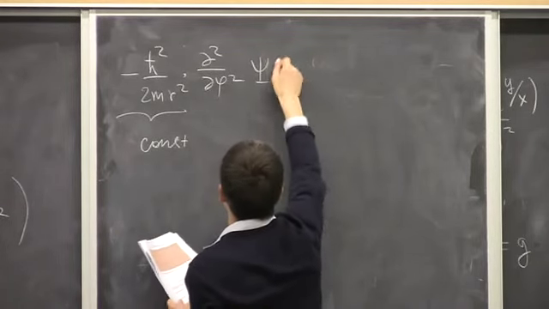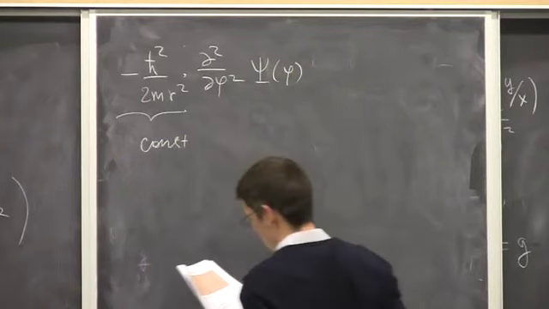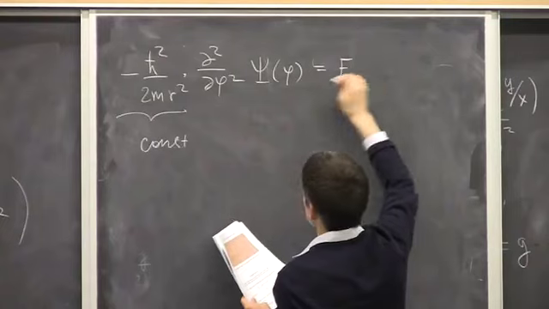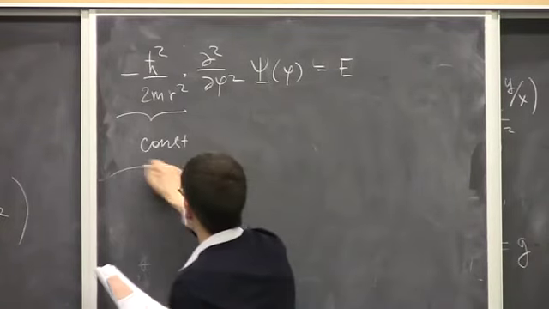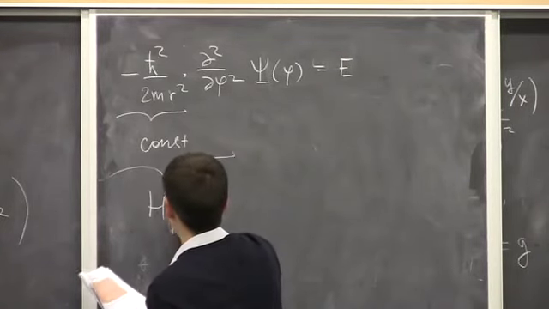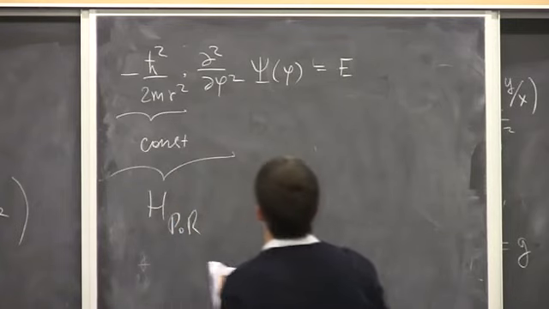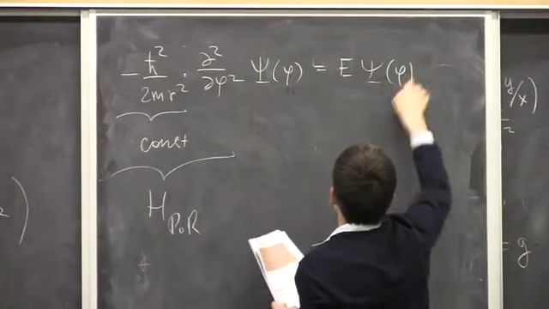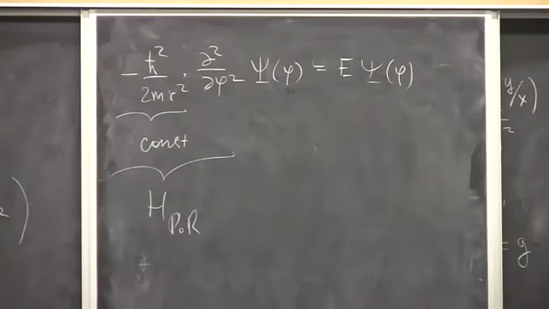Now the function that we're looking for will be a function of phi, the angle, and it will be such that when the operator, which is our Hamiltonian for particle on ring, acts on psi, it gives us energies and the function back, right?